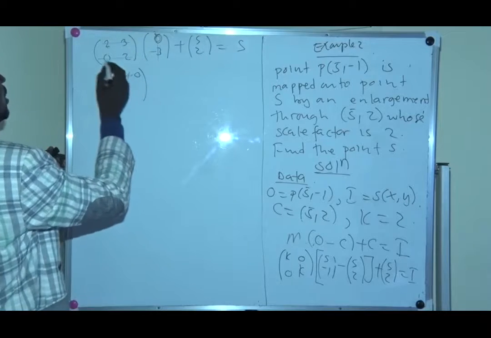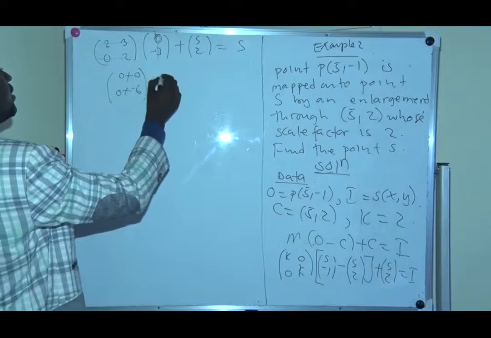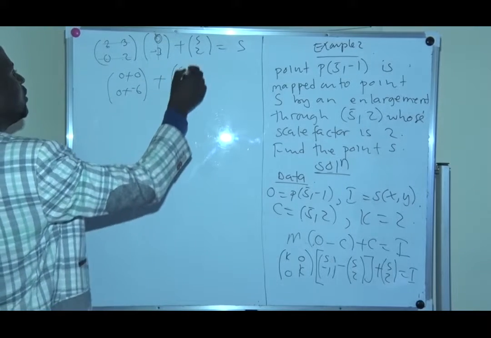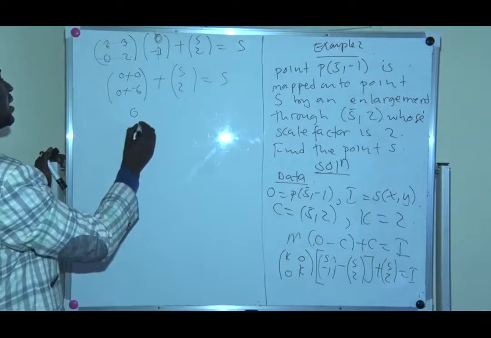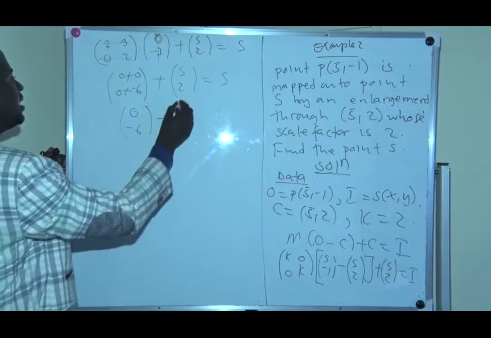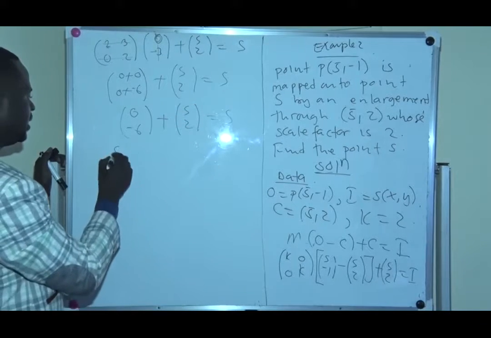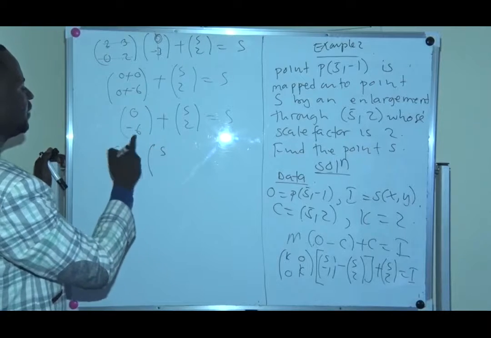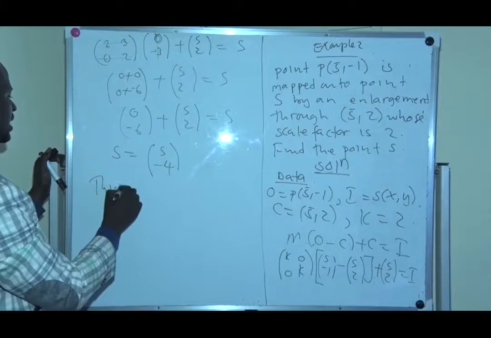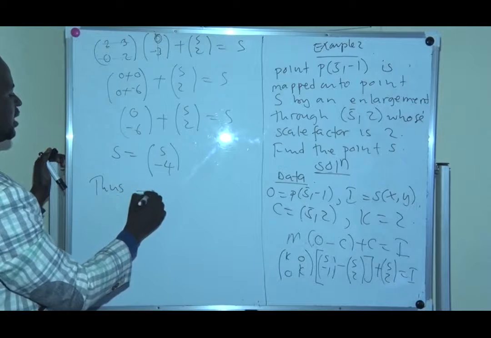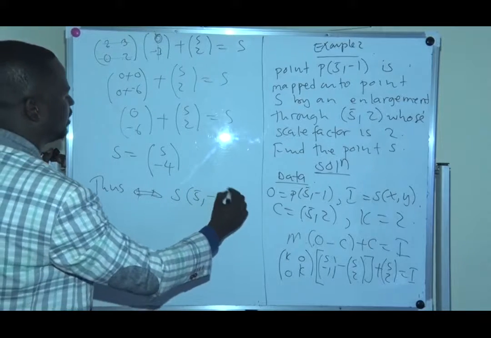Again row times column: 0 plus, this times that, -6. Plus (5, 2). So 0 plus 0 is 0, 0 plus -6 is -6. This is added to (5, 2), which is equal to S. Finally, S is (0 plus 5, -6 plus 2), which is (5, -4). Thus S is (5, -4).